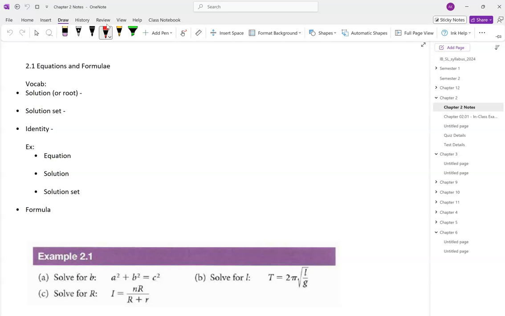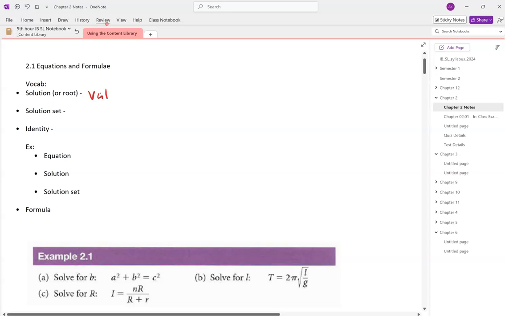So we're just going to start with some basic vocab to recap. A solution, or sometimes we'll use the term root, is just a value for a variable that satisfies an equation.